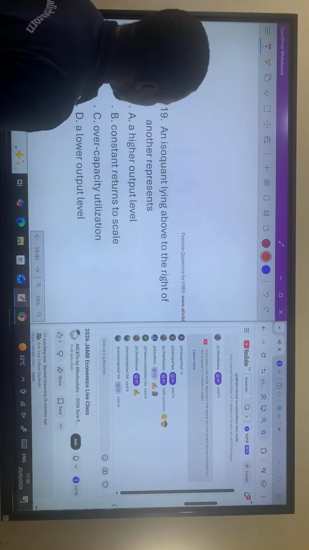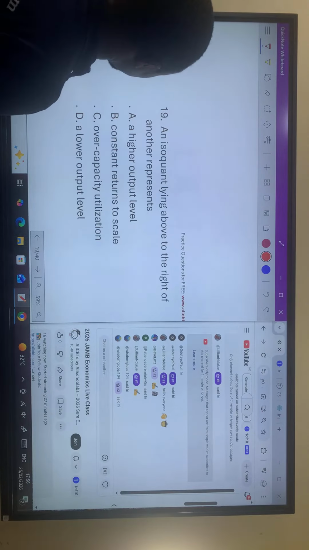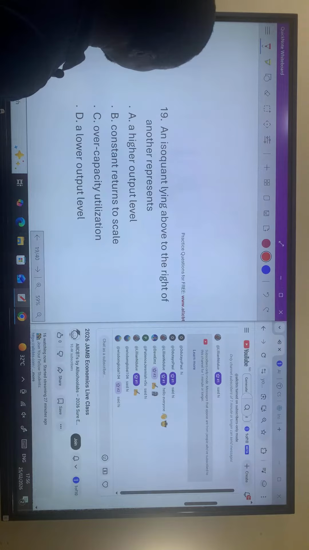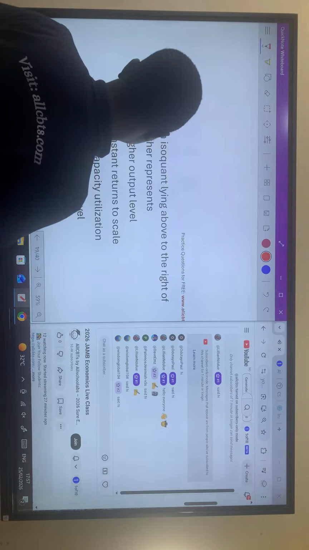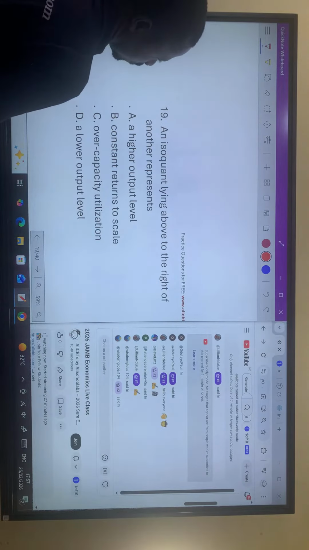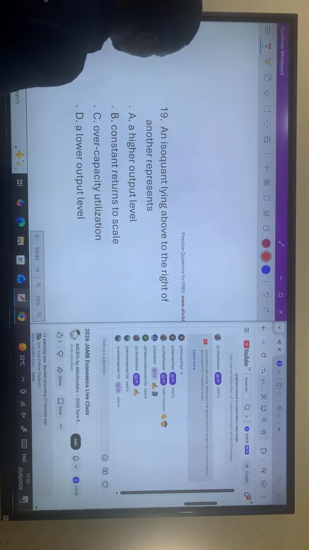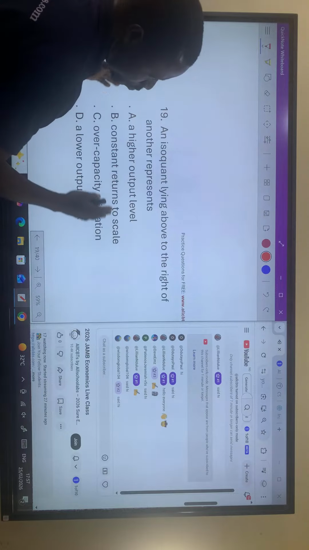Correct? The next one. An isoquant lying above and to the right of another represents a higher output, constant returns to scale, over capacity utilization, the lower output. That is higher output because it's to the right. If it's to the left, there's a lower output level. Okay? But to the right is what? Higher output level. Remember, isoquant is talking about equitability of production.